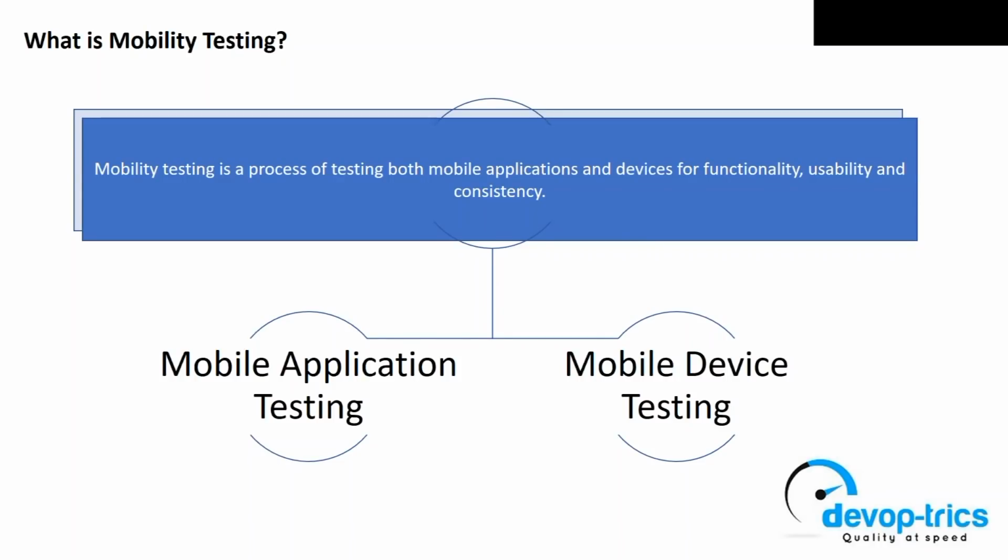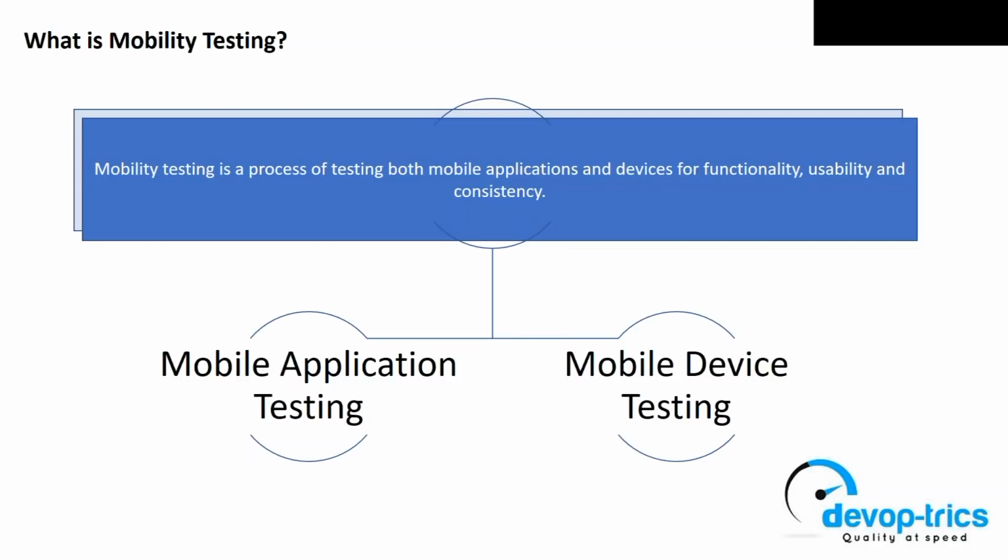But first of all, let me tell you the importance of this. Mobility testing has gained popularity recently because of the widespread use of mobile devices. Nowadays, most people are not using their laptops or PCs for the majority of the daytime, they're using mobile devices.